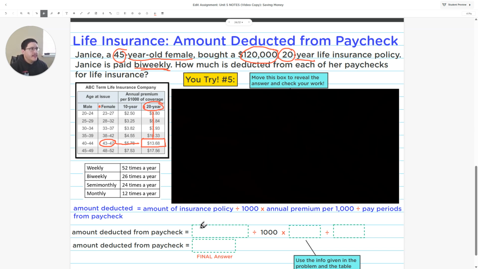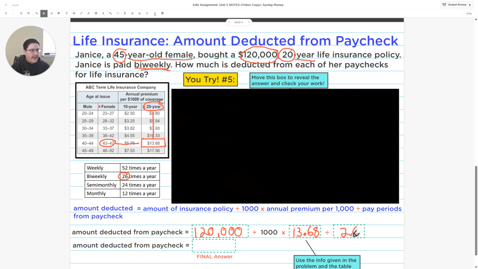We're going to take the amount, which was $120,000, divided by 1,000, multiply with 13.68. And then the last thing we need to figure out is the number of pay periods. How much she gets paid throughout the year, which she said was bi-weekly. So bi-weekly means 26.